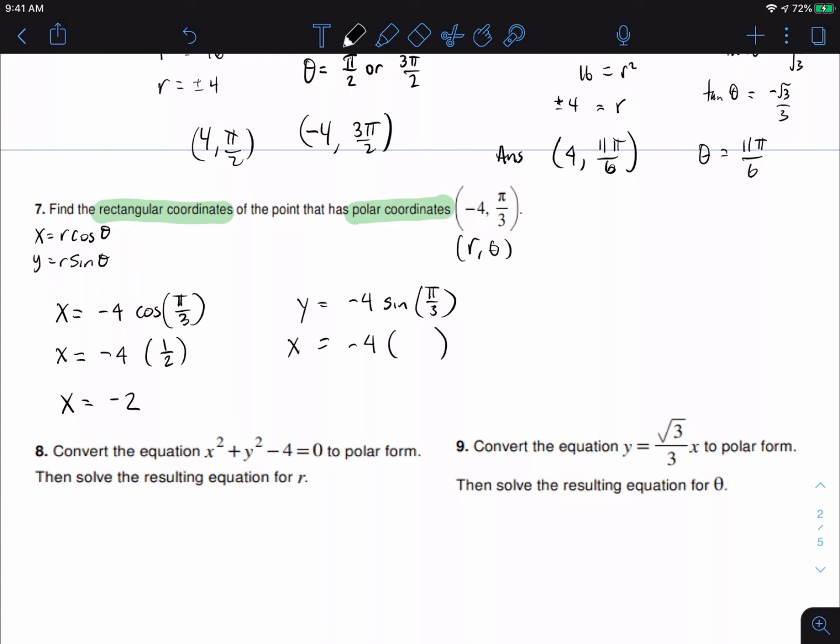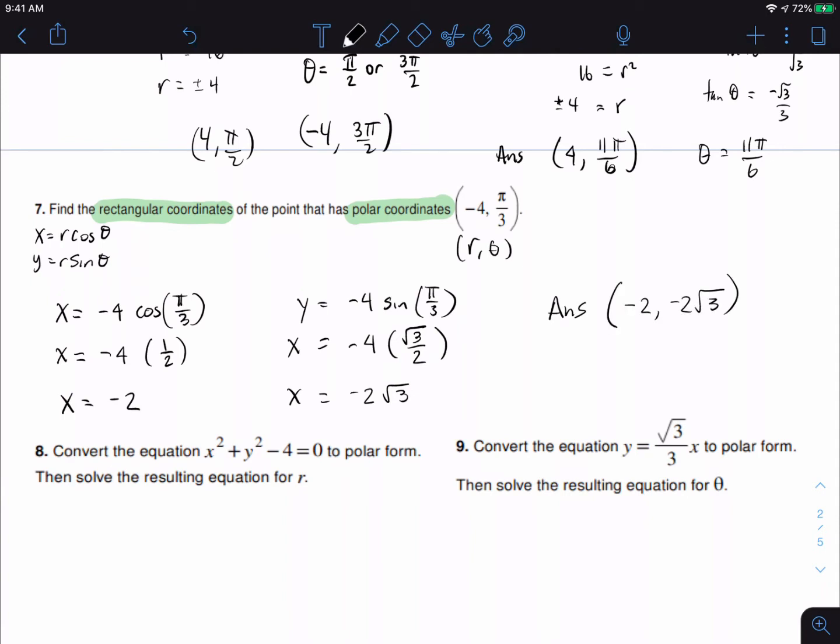Do you guys remember? It's radical 3 over 2. Get those unit circles out and use them. And so the 2 and the 4 will reduce down. So I'm going to get -2 radical 3. And so my answer to this problem is going to be -2, -2 radical 3.